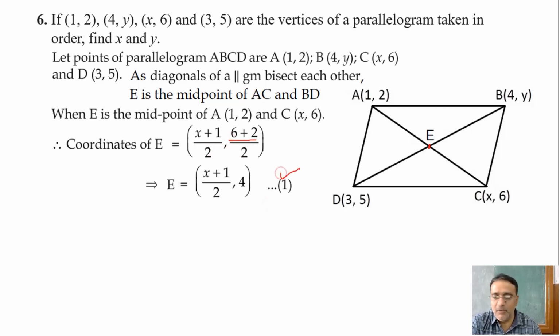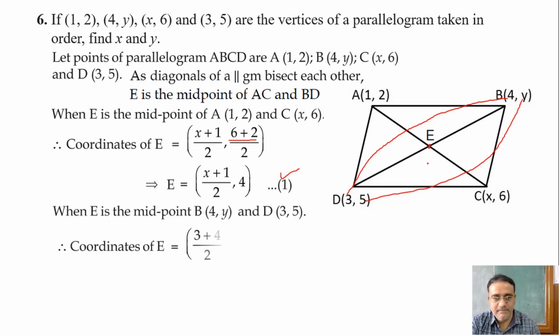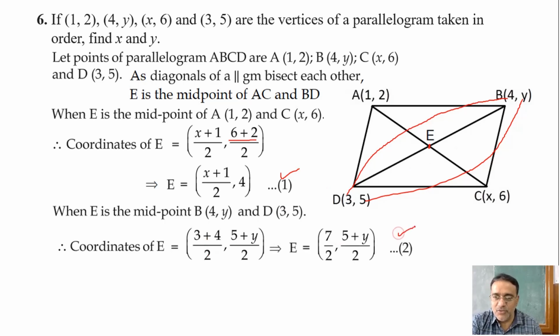So let it be equation number 1. Now when E is the midpoint of BD, what you will get? (3 plus 4)/2 and (5 plus y)/2. Okay, so 7/2 and (5 plus y)/2, let it be equation number 2.